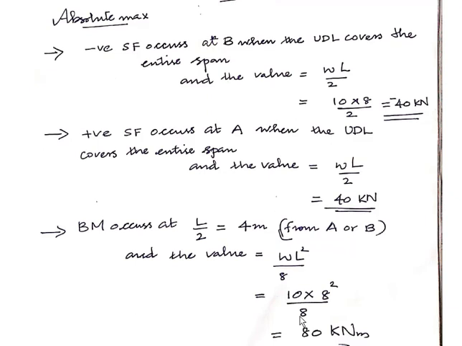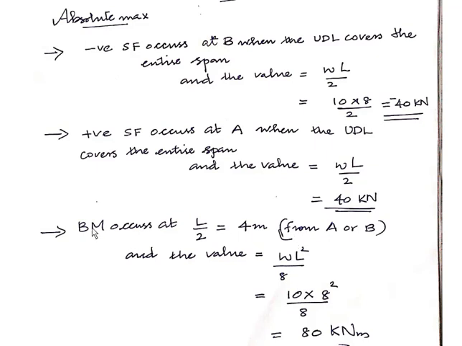For absolute maximum bending moment, it occurs at L by 2, that is at 4 meter from A or B, at the midspan. So 8 meter is the length of the beam.